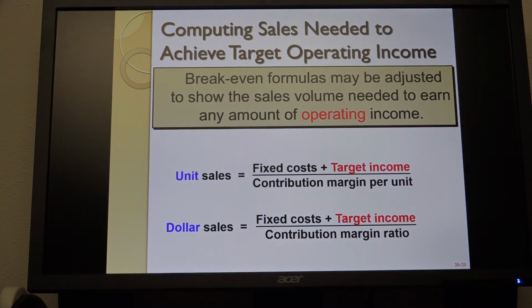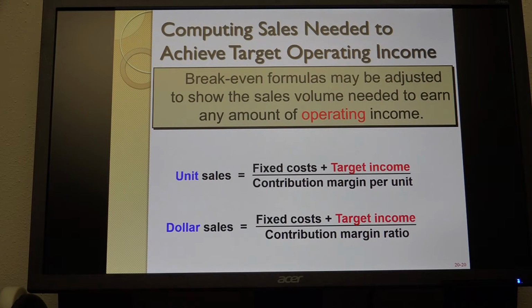You can also determine how much sales are needed to achieve a target income. You can do this in units as well as dollar amount of sales. And so here you're just simply adding this target income in your numerator.